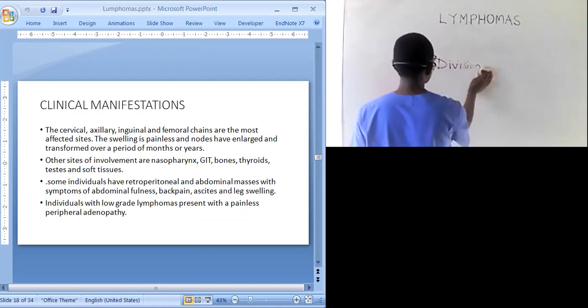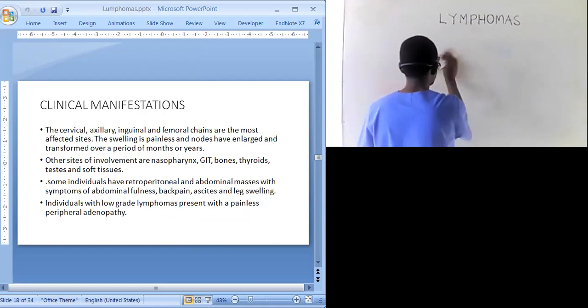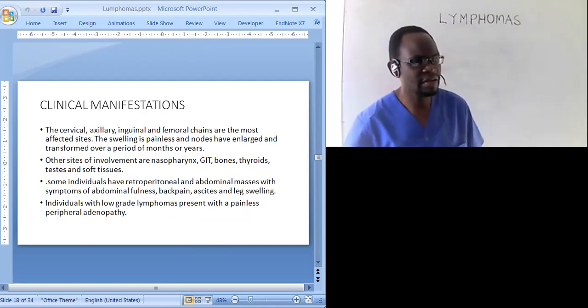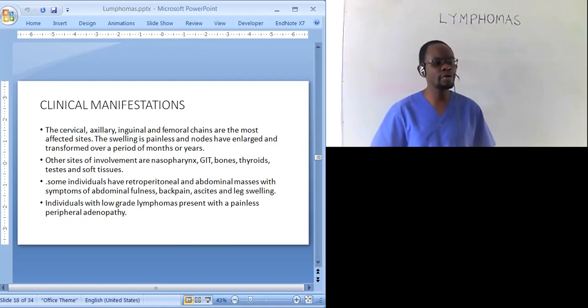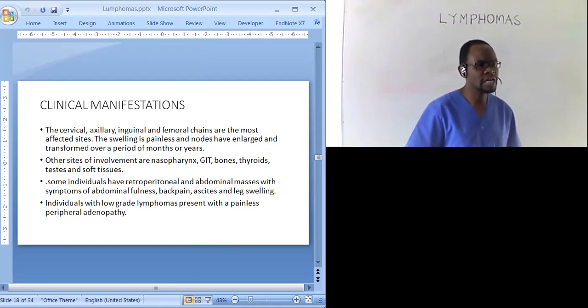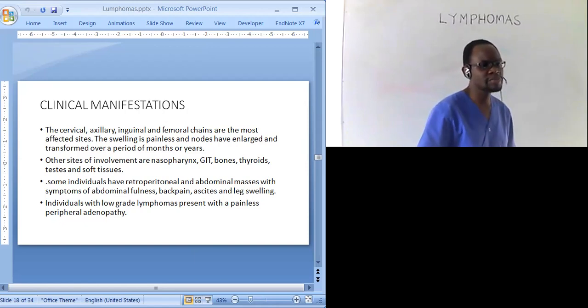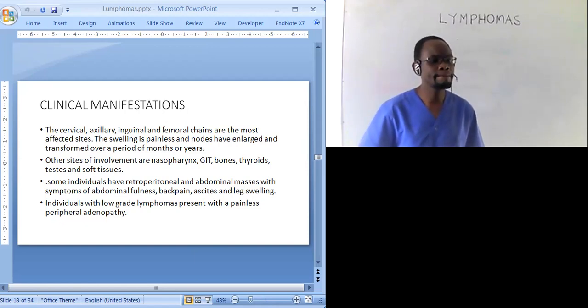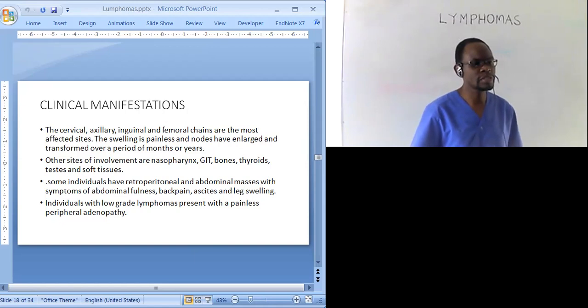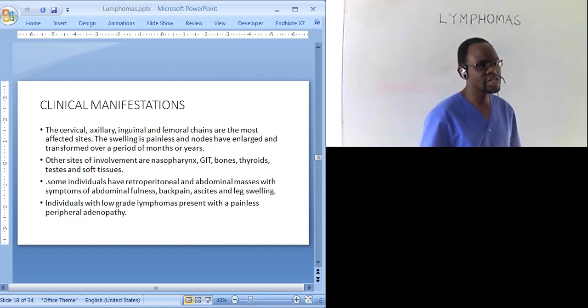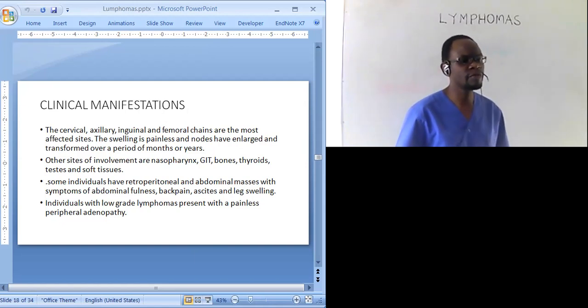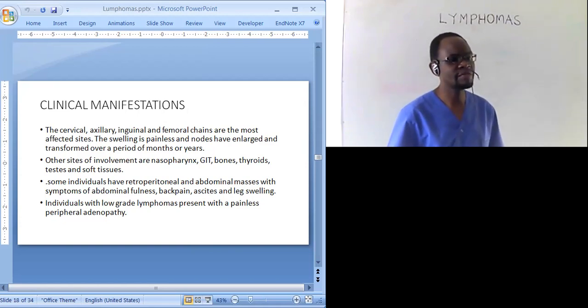As far as the clinical manifestations are concerned, the cervical, axillary, and inguinal chains are the most affected sites. The swelling is painless. The nodes have enlarged and transformed over a period of months and even years.